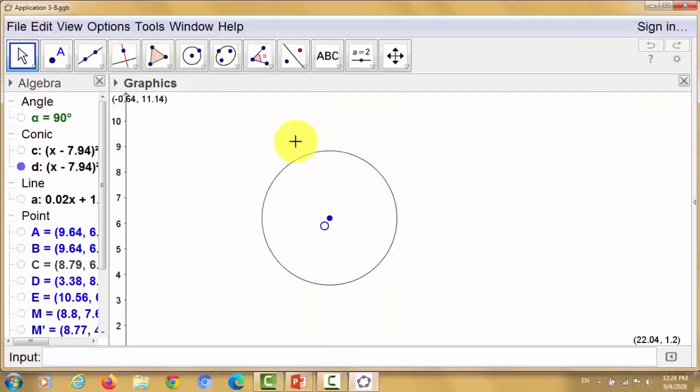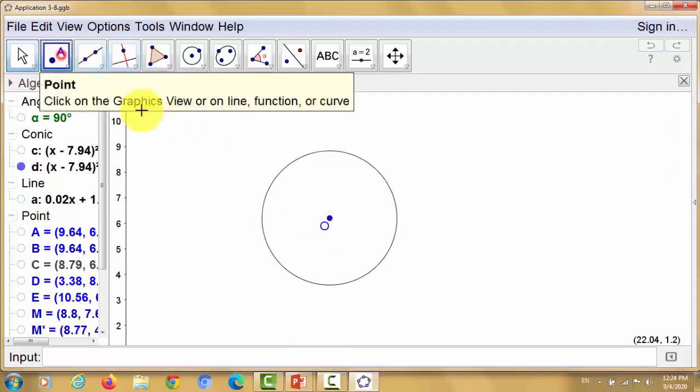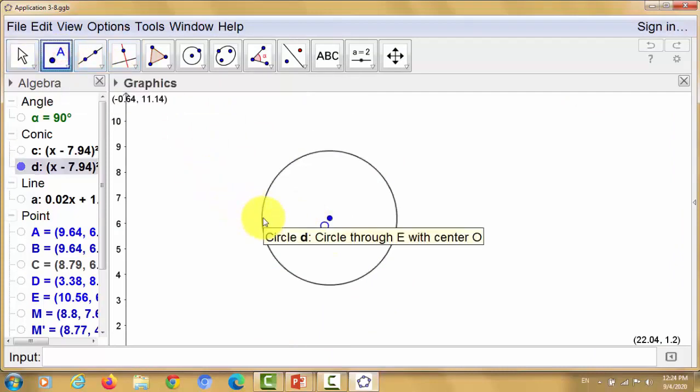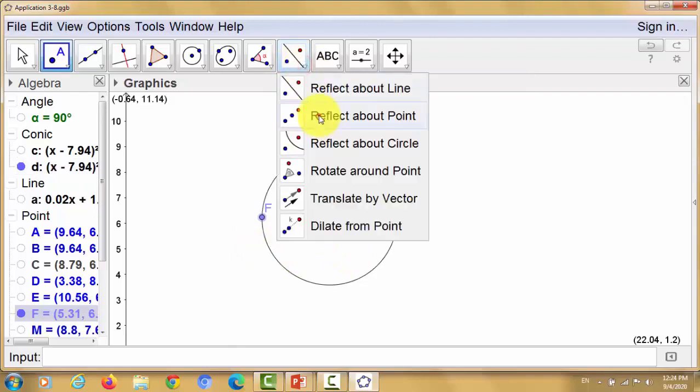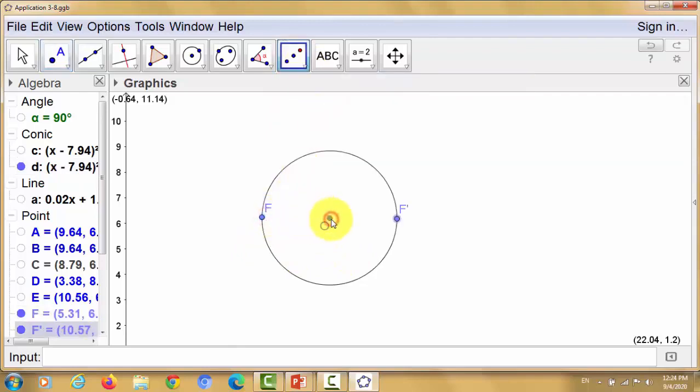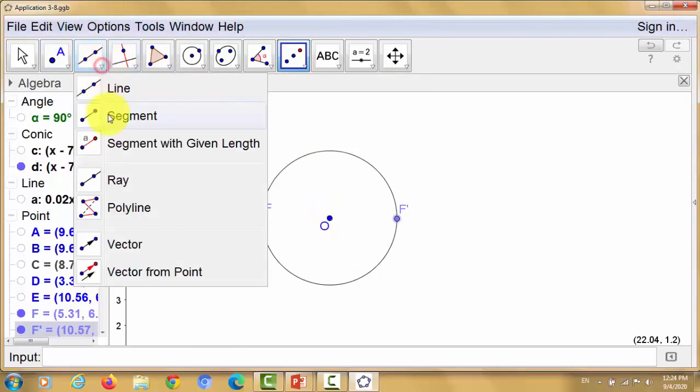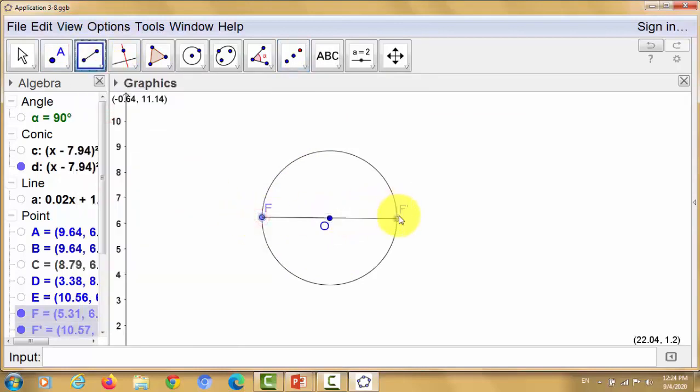Circle. Look here at the circle. It has 1 center of symmetry, which is the center of the circle. I will take any point F here on the circle and I will make its symmetry F', and then I will measure the distances.